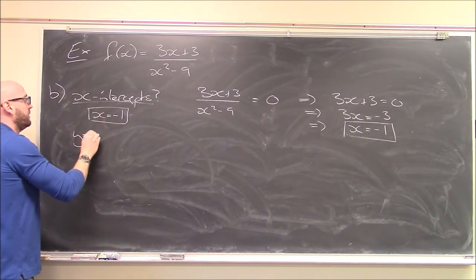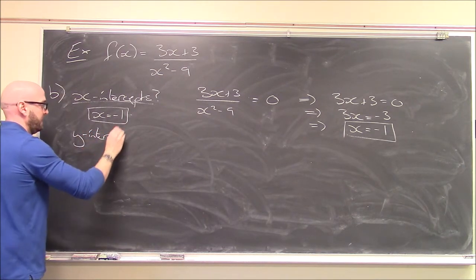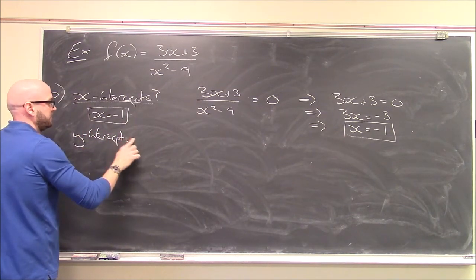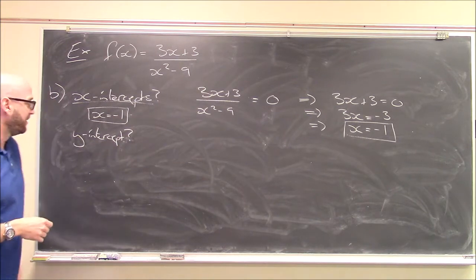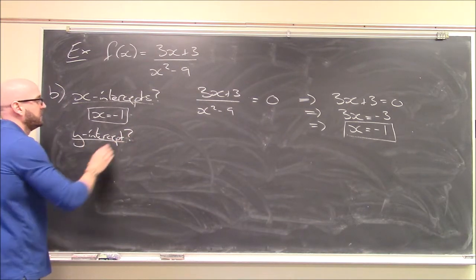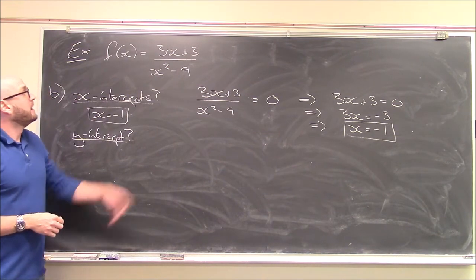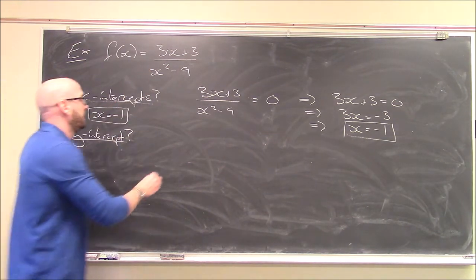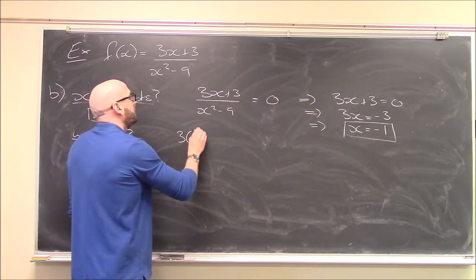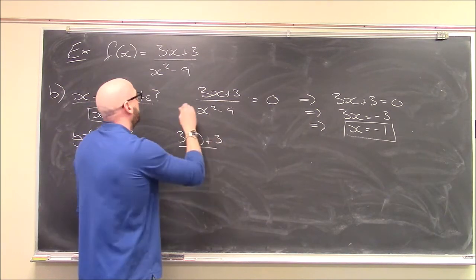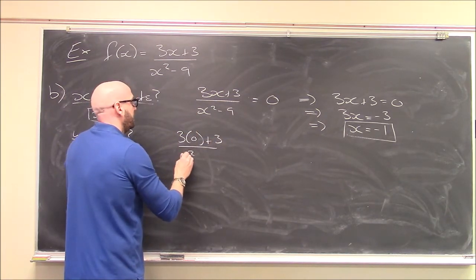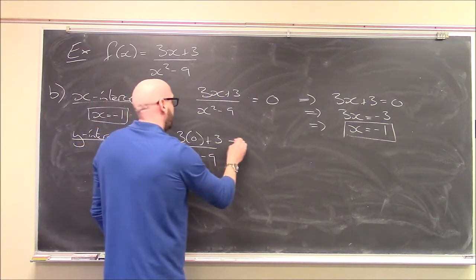And what about the y-intercept? Well, there can only be one, because it's a function. So what are we doing here? We're asking what the y value is when x is 0. So we'll plug in 0, and we'll get (3 times 0 plus 3) over (0 squared minus 9).